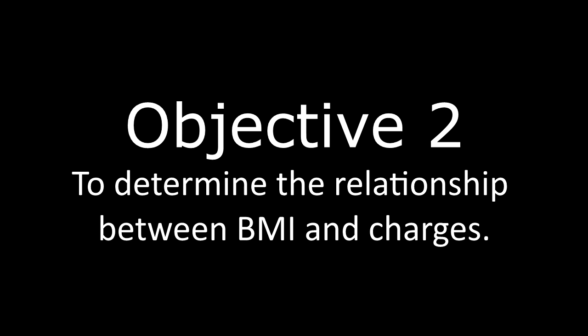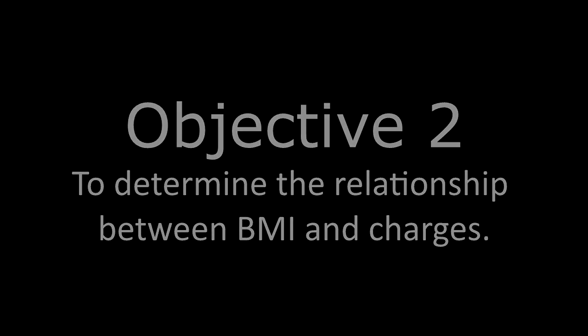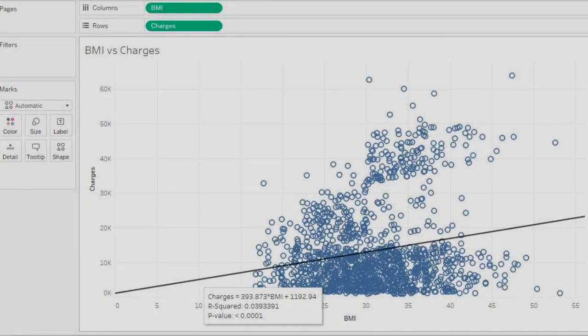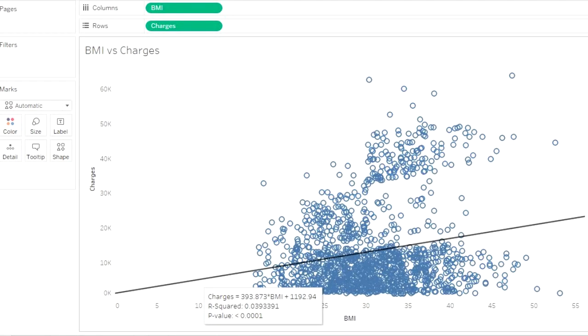Second objective, to determine the relationship between BMI and charges. Since the correlation for BMI and charges is too low, we find the relationship for both variables to determine whether it exists or not.